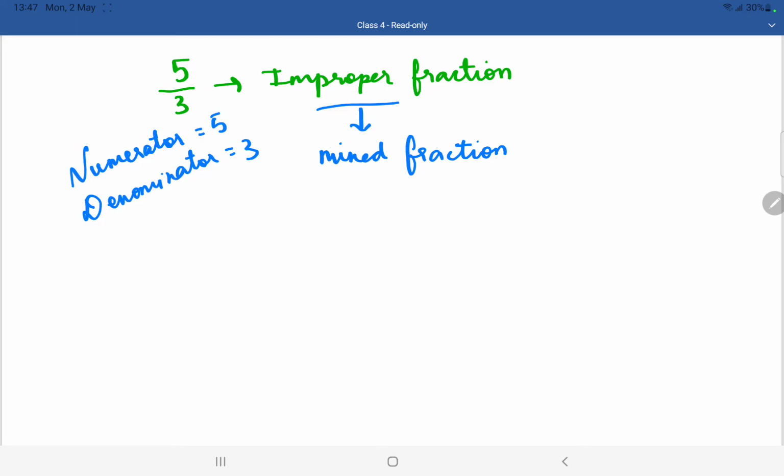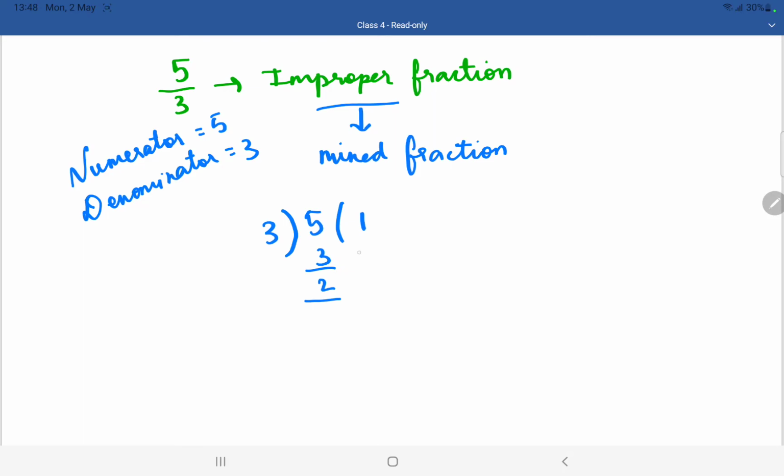Now what I will do is write this in a division form. The denominator, in this case 3, will become the divisor. The numerator, which is 5, will become the dividend.